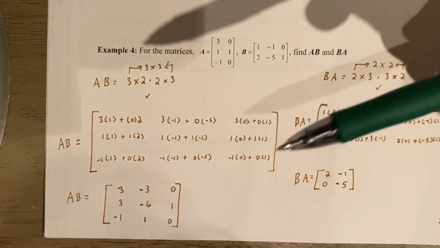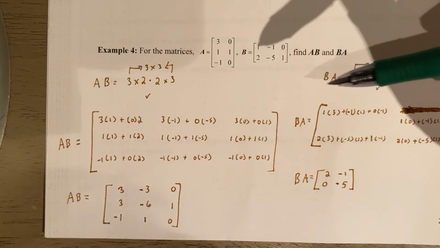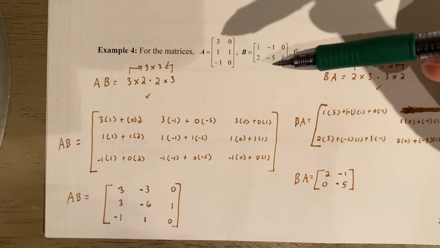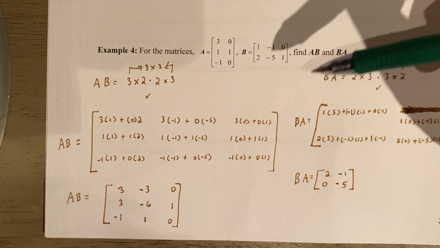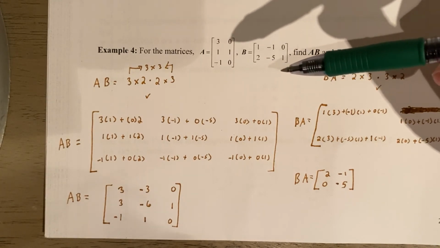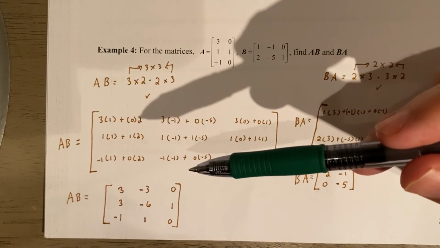And so how you multiply matrices is, again, you're going to take all the elements of the first row and multiply them by each column. And so we'll multiply 3 times 1 plus 0 times 2, and that's going to be the first element of my matrix.